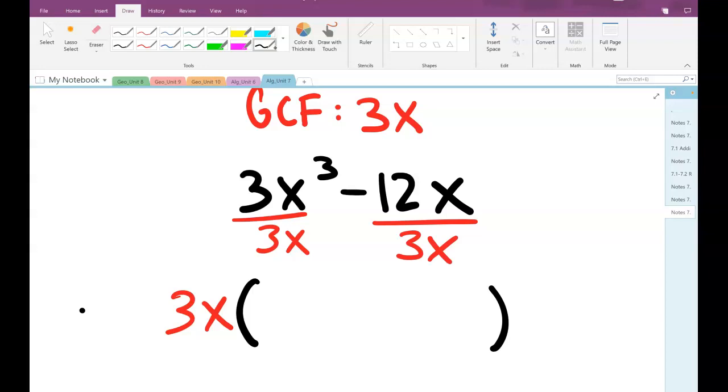We subtract their powers. So we divide our big numbers and subtract our tiny numbers. So 3 divided by 3 is 1. This is x to the first. So 3 minus 1 is 2. So we have x squared. And then negative 12 divided by 3 is negative 4. And that's our answer written in factored form.